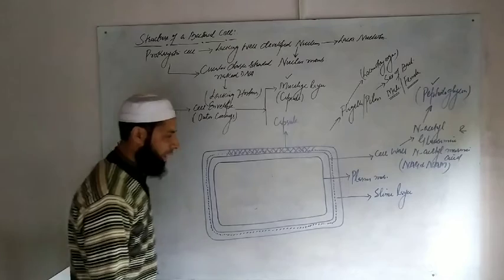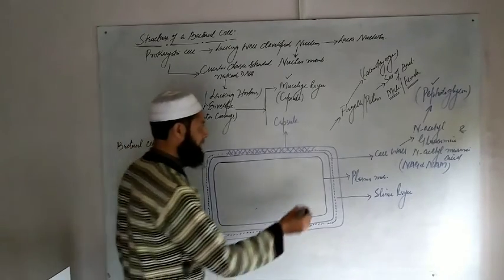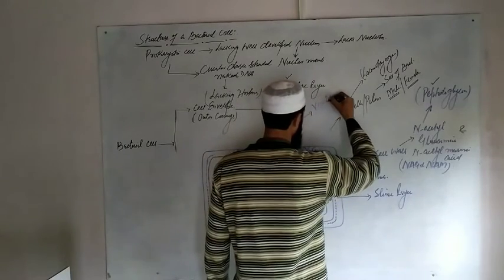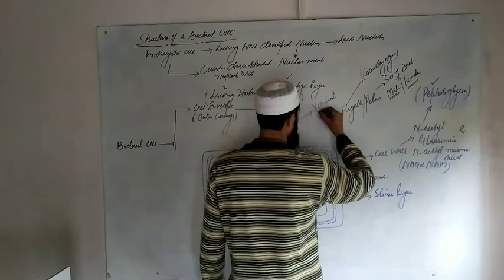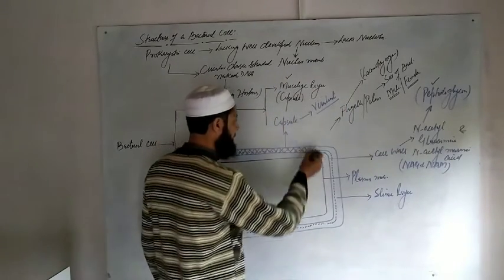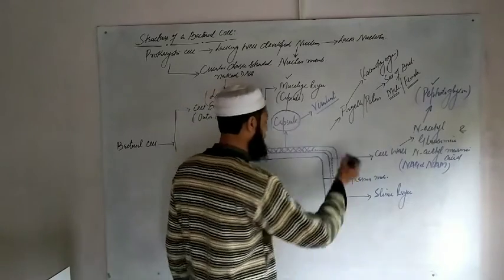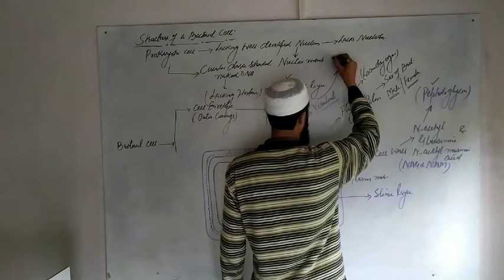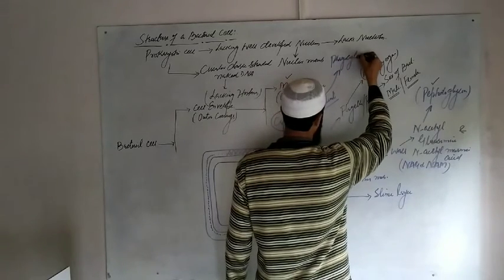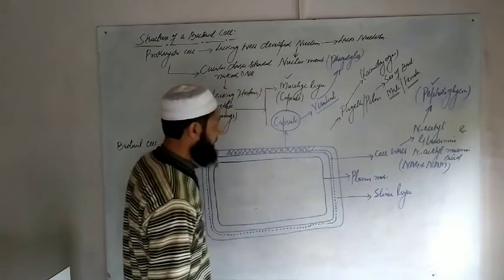And those bacteria having capsule are called capsulated bacteria. These bacteria are usually virulent. They are pathogenic, disease causing, because bacteria having capsule are not easily engulfed by phagocytes of our body defense mechanism.